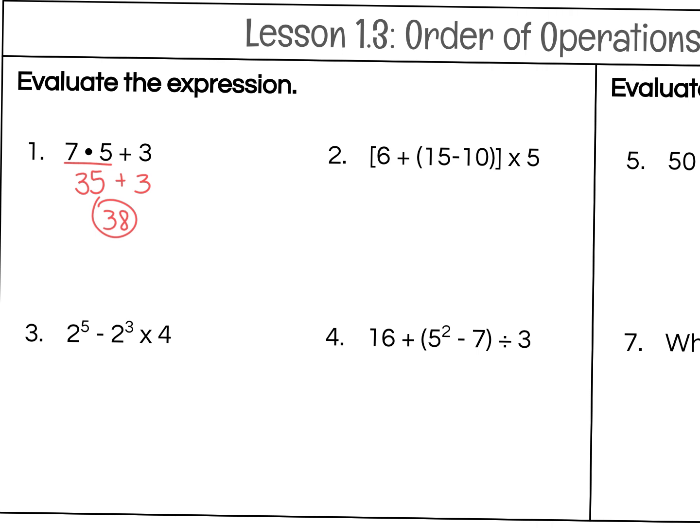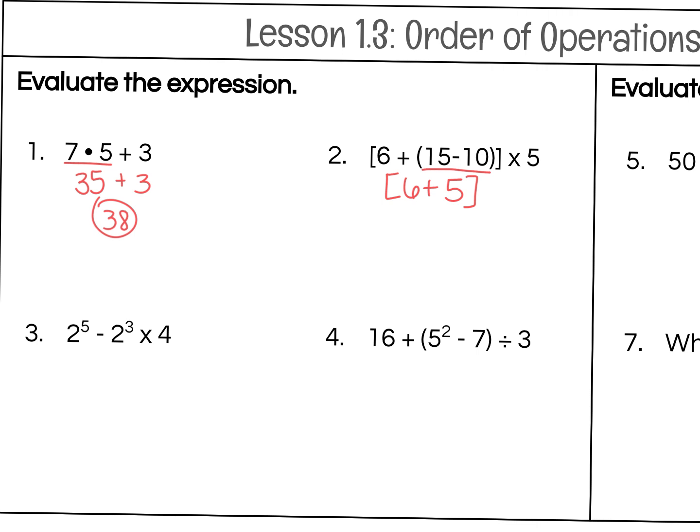Number 2, I have grouping symbols inside grouping symbols. Which one do I do first? The parentheses. I work from the inside out. So the first one is going to be 15 minus 10, which is 5. Bring down everything I haven't used yet.